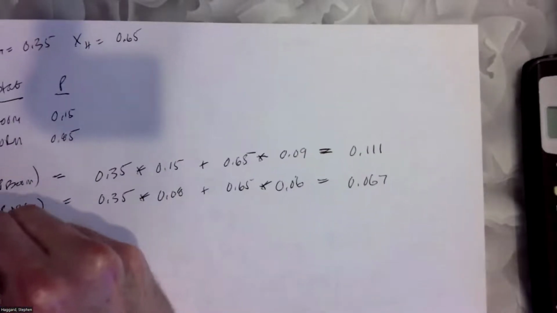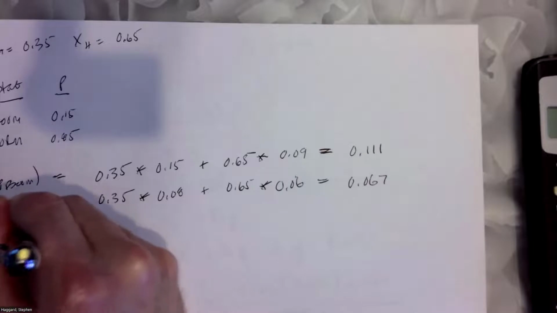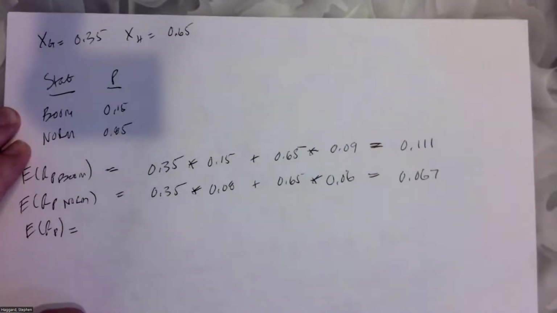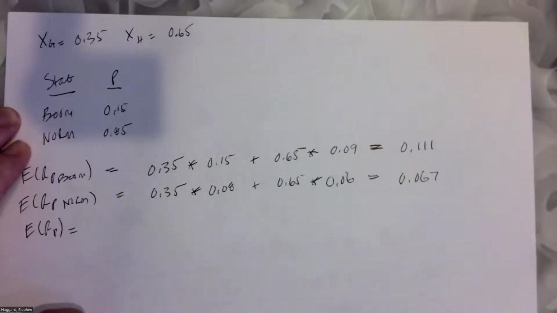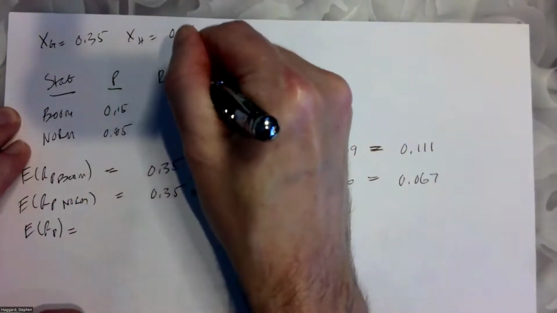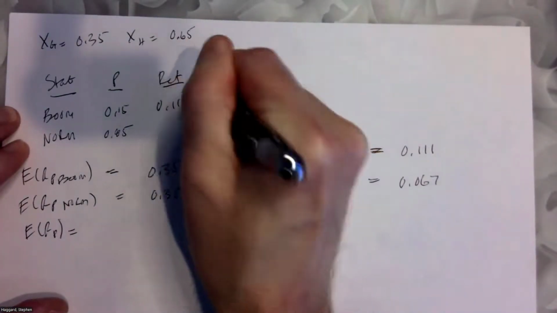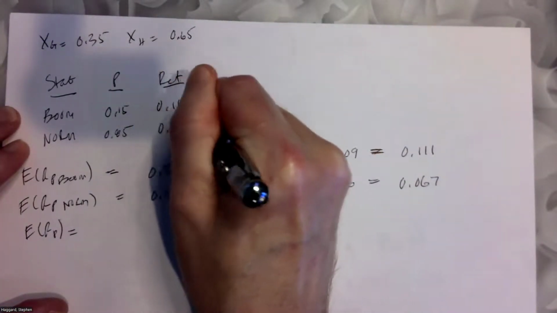So now, how am I going to find the expected return on the portfolio overall? Anyone have any idea how to start? By multiplying with the probability of the state.